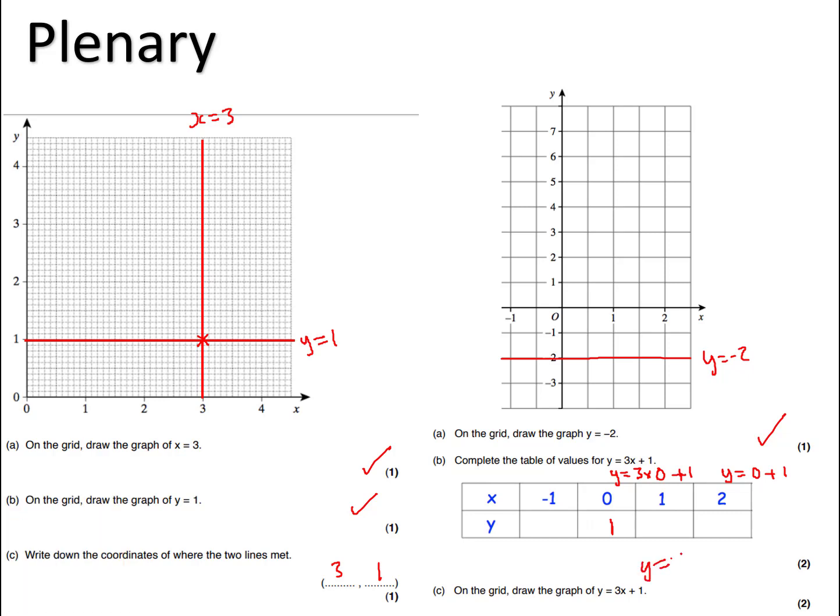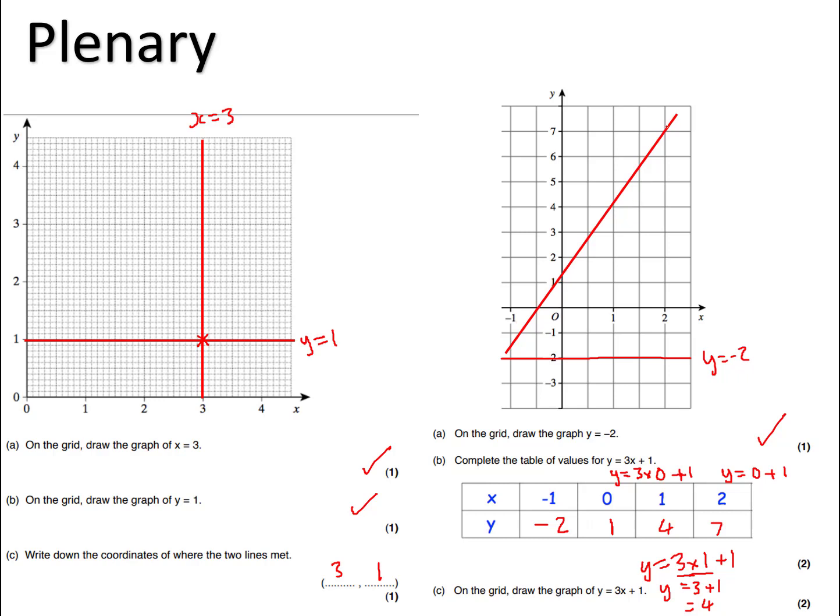So y equals 3 times 1, add 1, so y equals 3 plus 1, and that equals 4. So y equals 3 times 2 is 6, plus 1, that's 7. That's minus 2, and we'll work on that some more.